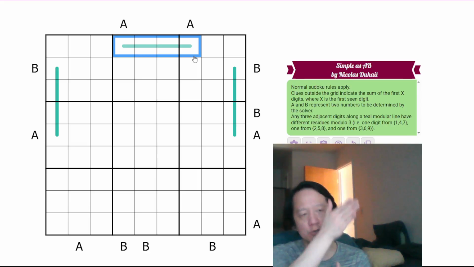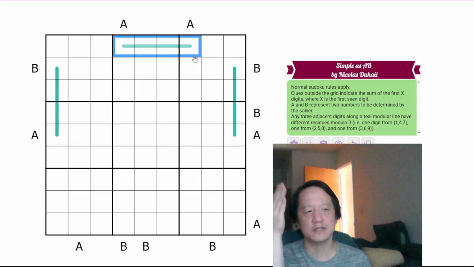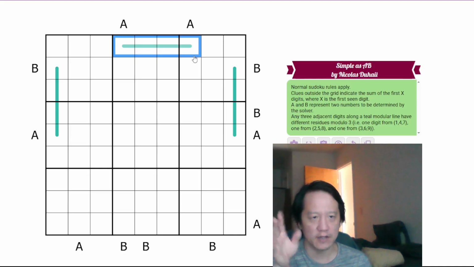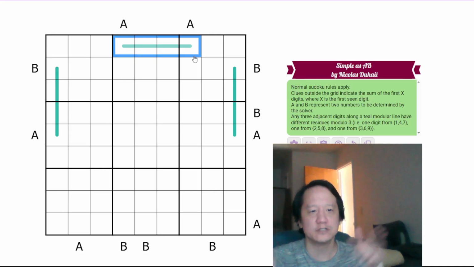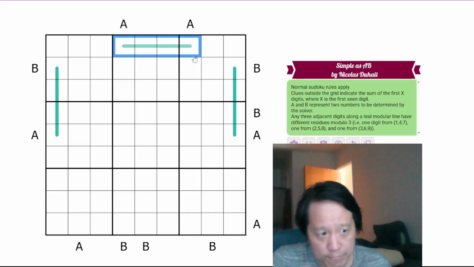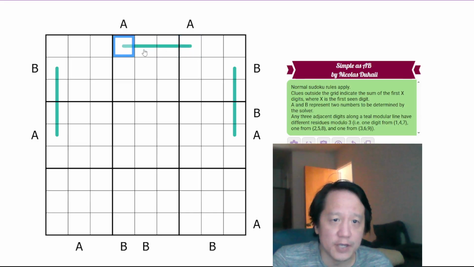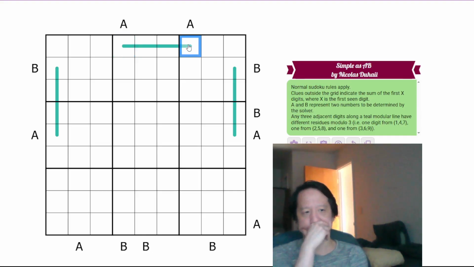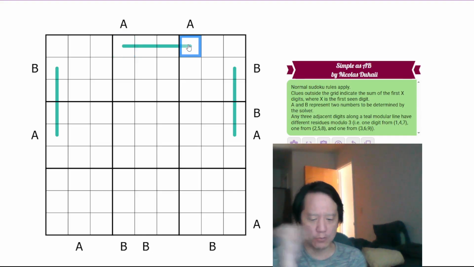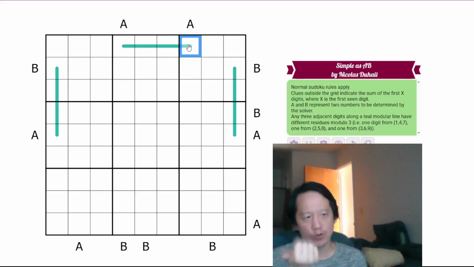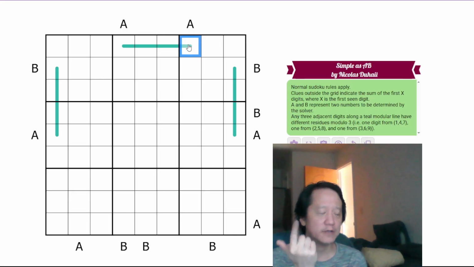So the one that you're losing has to be exactly the same as the one that you're gaining if you have greater than 3 digits on a teal line. So these have to be the same modulo set. That means they must either be 1 and 4, 4 and 7, 1 and 7, 2 and 5, 5 and 8, or 2 and 8, or 3 and 6, 6 and 9, or 3 and 9.